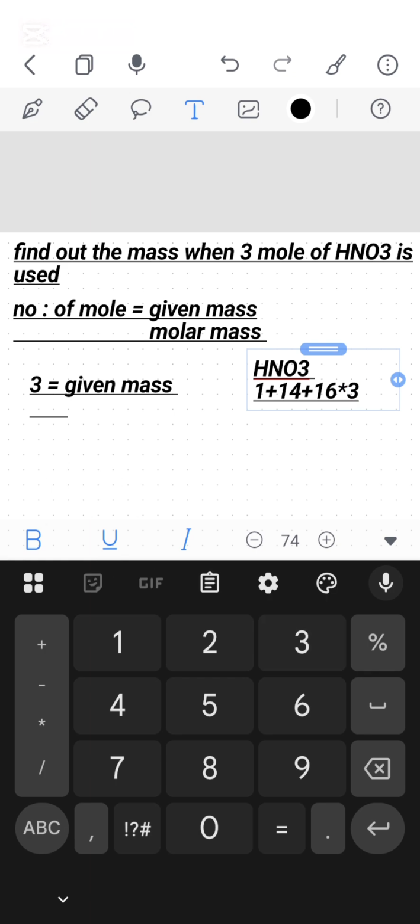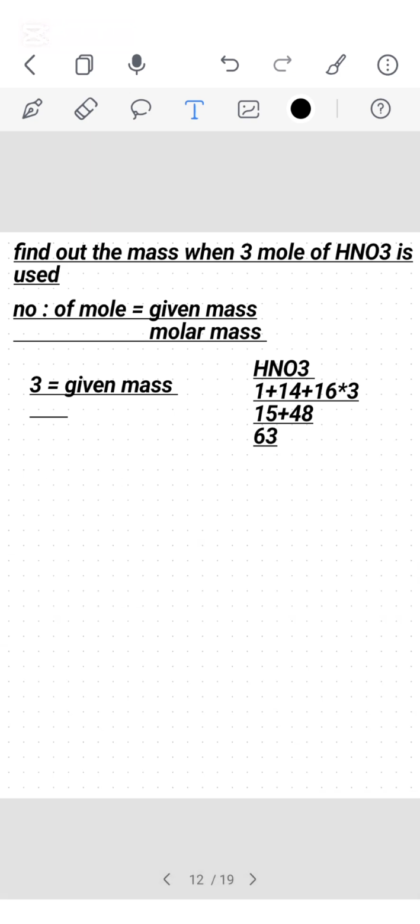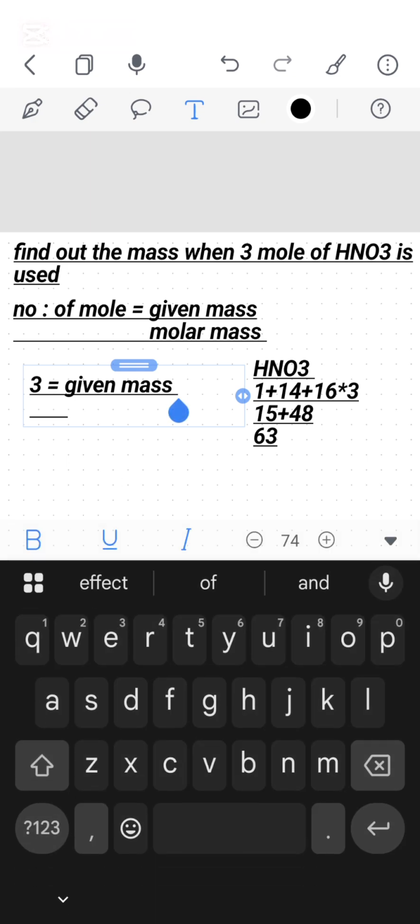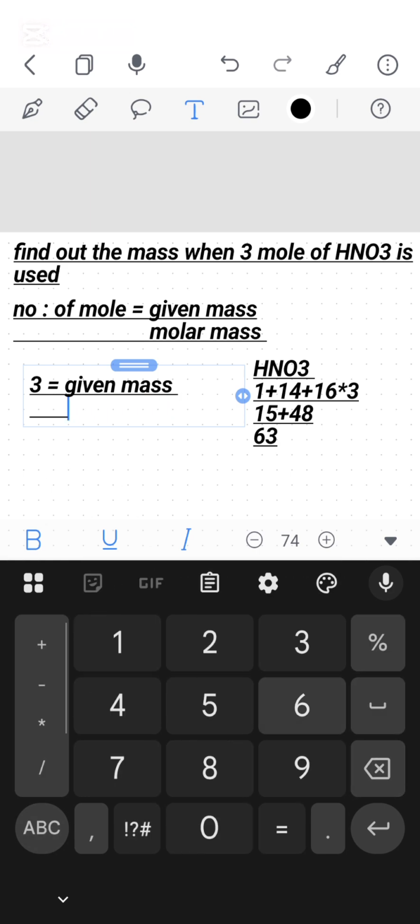If we calculate that, 1 plus 14 is equal to 15, plus 16 multiplied by 3 would be 48, and that would be 63. So the molar mass would be 63.